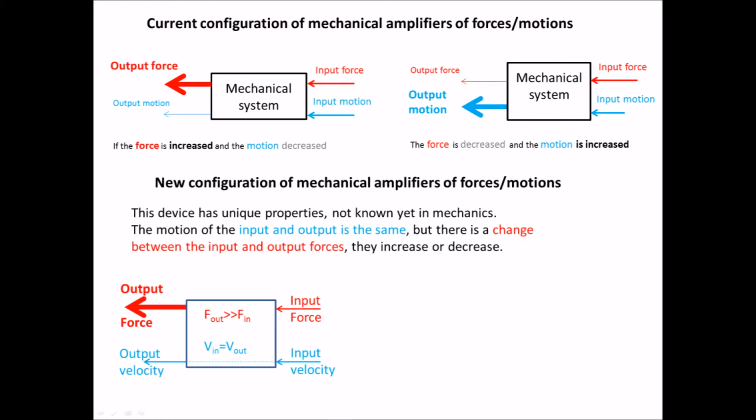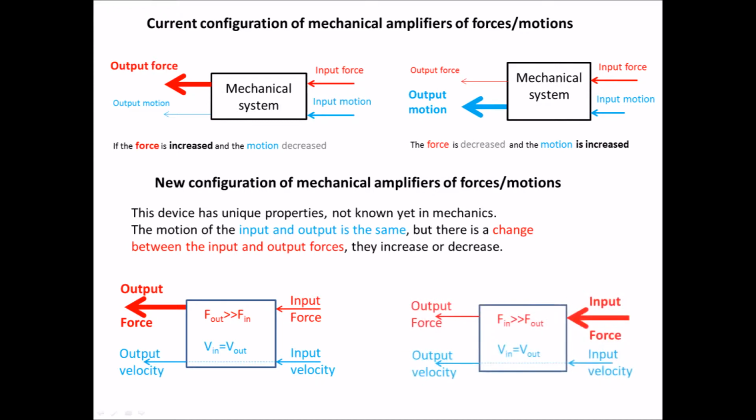The input and output motion is the same, but there is a change between the input and output forces. These forces are increased or decreased. On the bottom left, we can see that the output force is much greater than the input force, but the velocity remains the same. On the bottom right, we see that the input force is much greater than the output force, and again, the velocity remains the same.